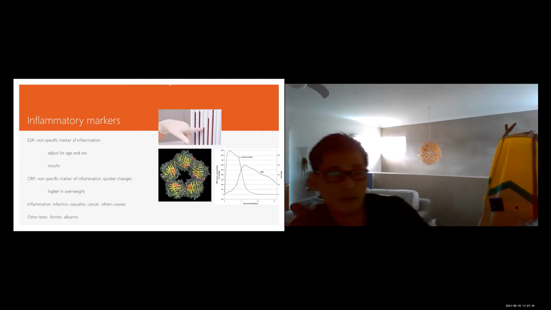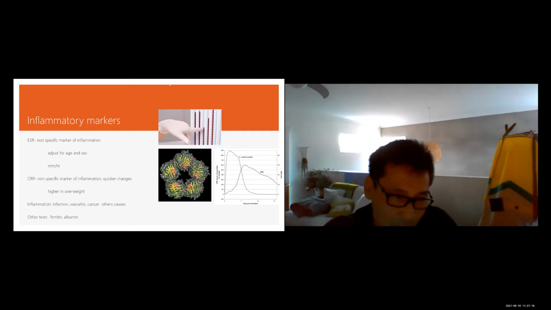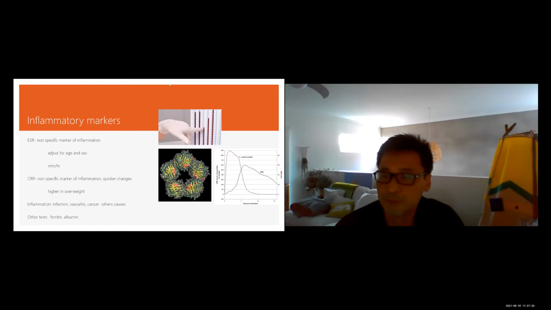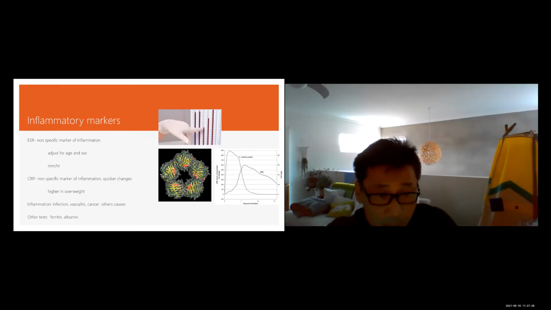So the other inflammatory marker is the CRP. As you can see on the graph on the right, the CRP stands for C-reactive protein. It's a protein which gives you, again, a non-specific marker of inflammation, but it could suggest infection or inflammation or vasculitis or other causes.